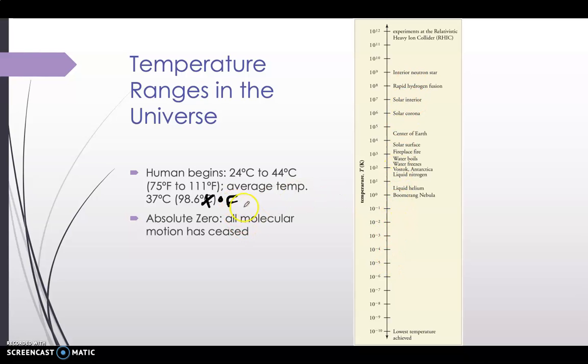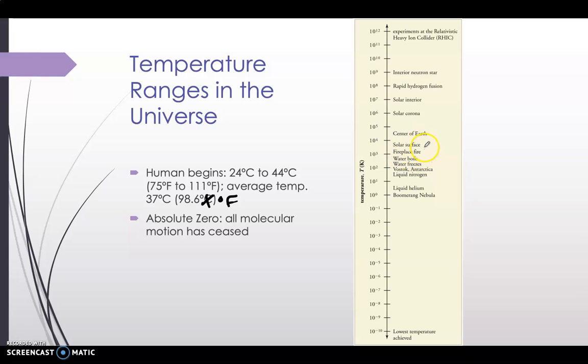So we're not just looking at things that are relatively cool, but we're looking at stuff that's very hot as well. Okay, so we've got liquid helium, nitrogen. We go to Antarctica. Okay, we've got freezing water, where water boils.